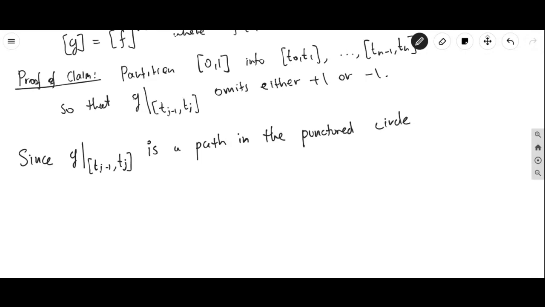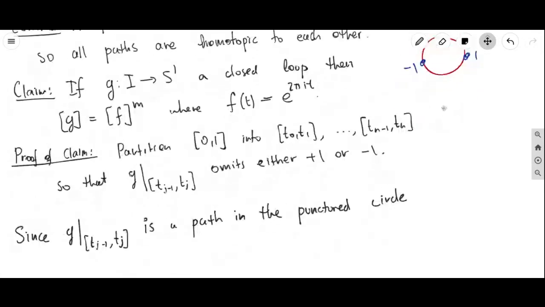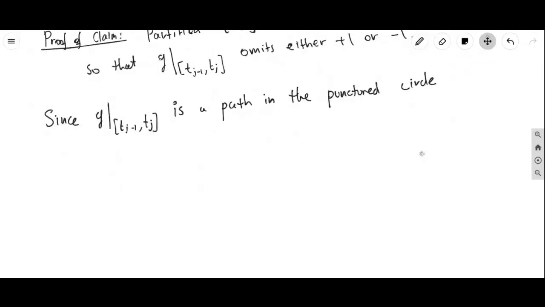It's the punctured circle because it misses at least 1 point. So if this misses 1, this is therefore a path in the punctured circle. If it misses -1, it's a path in the punctured circle. So since this is a path in the punctured circle, it is homotopic to an arc.